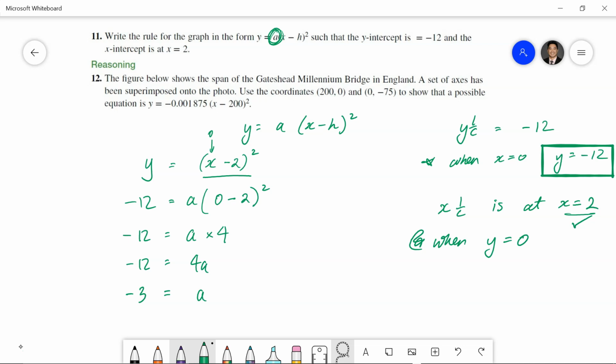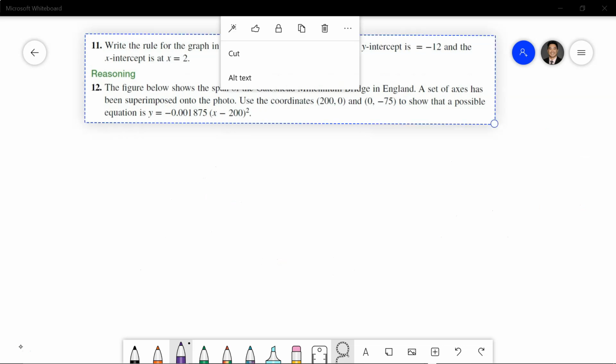So now what we have in the end, our equation for question 11 is going to be y is equal to negative 3 outside of x minus 2 all squared. It has the x-intercept of 2 because it's moved to the right 2 units. And then when you substitute x for 0 to work out the y-intercept, we end up getting negative 12. So we've met both descriptions.